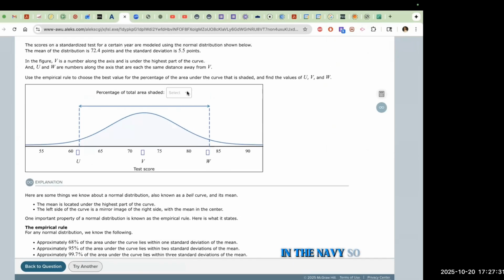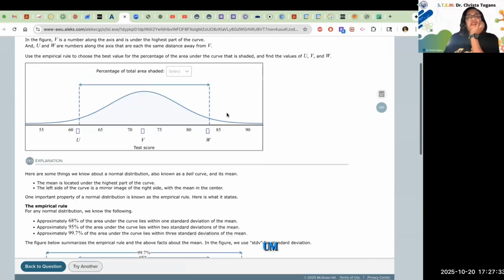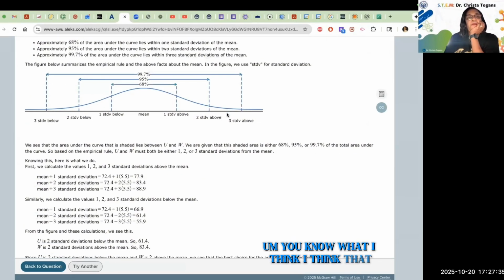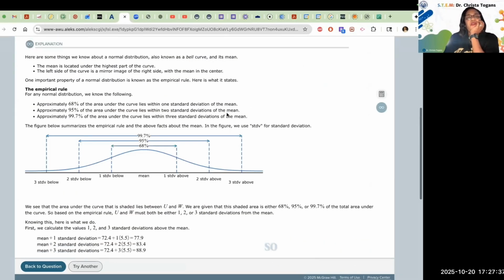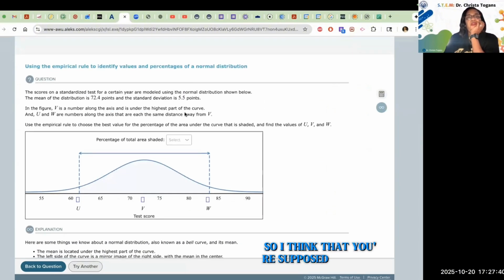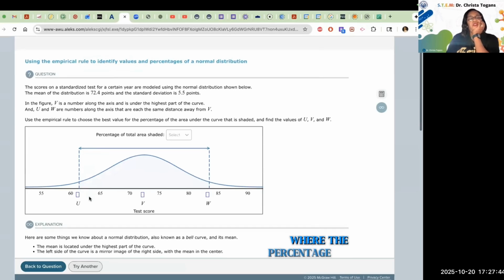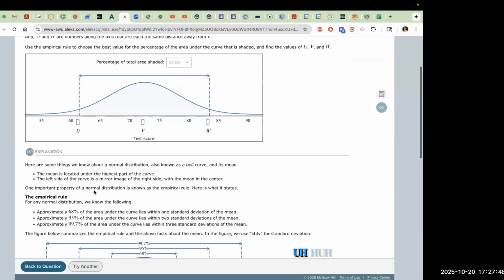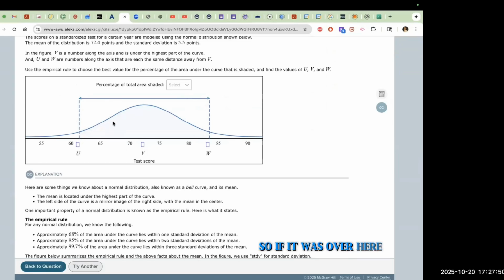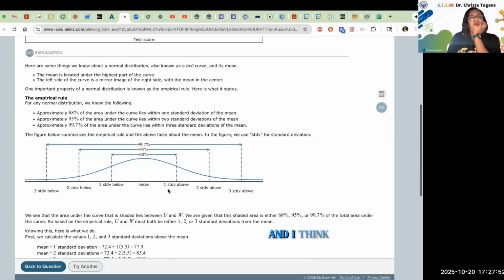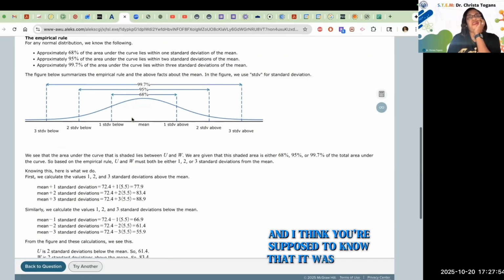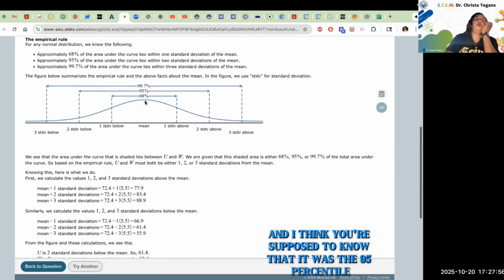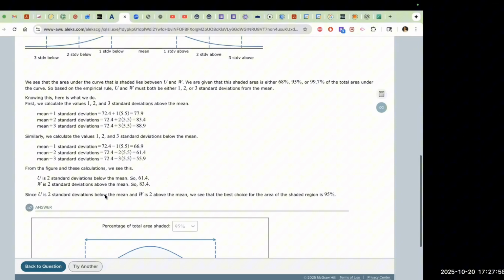I think you're supposed to know where the percentage of the total area is. If it was over here, it would be 68, and you were supposed to know that it was the 95 percentile, so you add two.